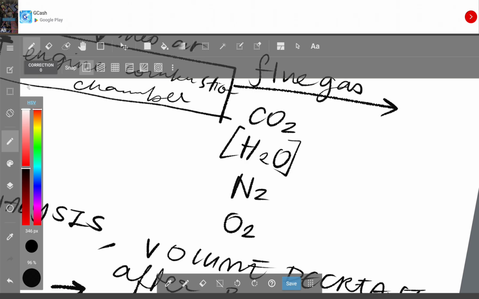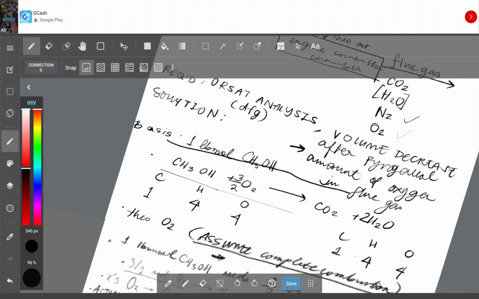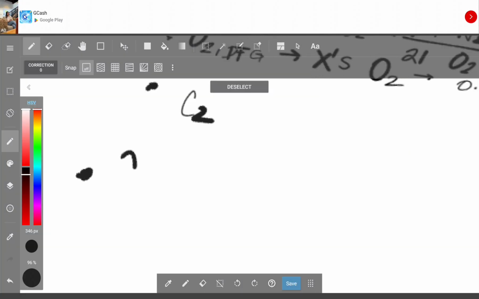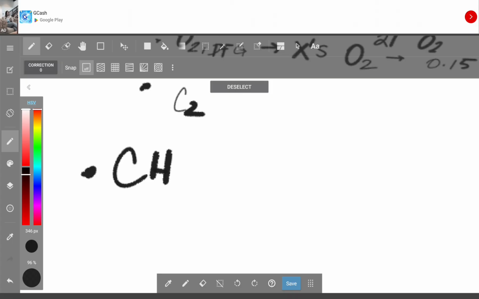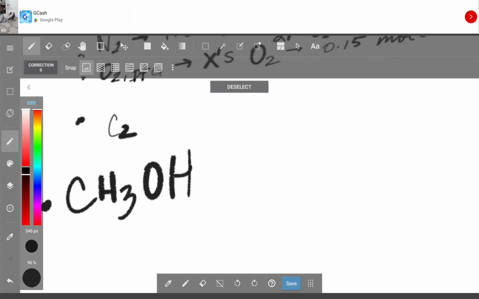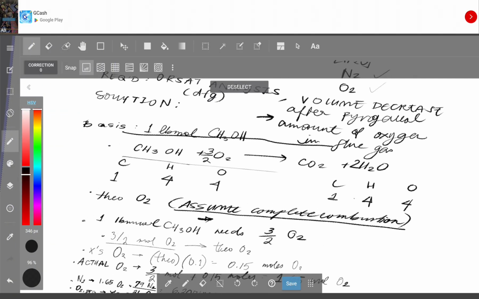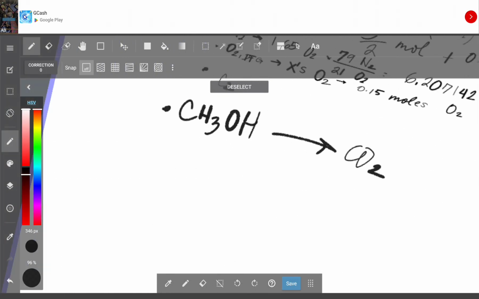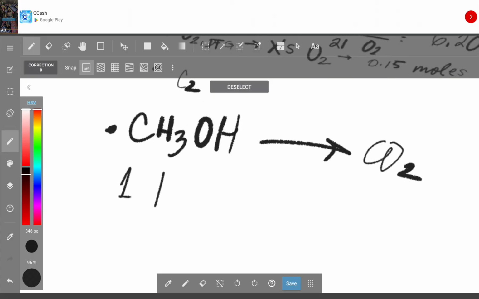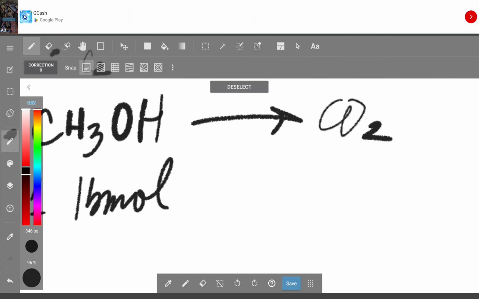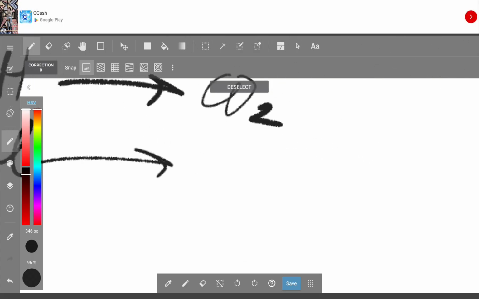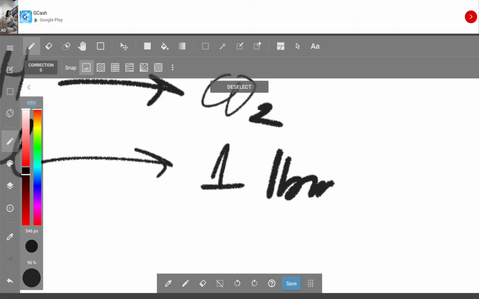Okay, so let's look back. We already have O2 and N2. Now let's solve for CO2. All of the CH3OH, or methyl alcohol, was converted into CO2. Okay, so let's go back to our equation. So 1 mole of methyl alcohol gets converted into 1 mole of CO2. So we have 1 mole of methyl alcohol, right? So it all just became CO2. So we also have 1 lb-mole of CO2 that was produced.